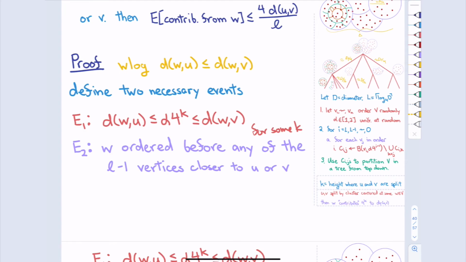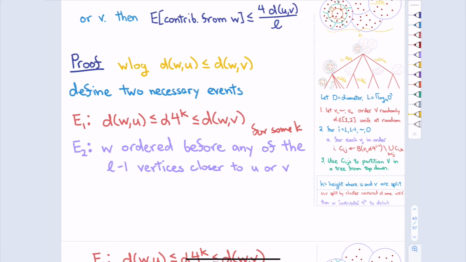All right, so what are some funny things? Question, are E1 and E2 dependent on each other or independent? Yeah.